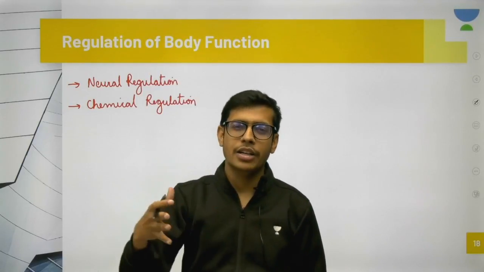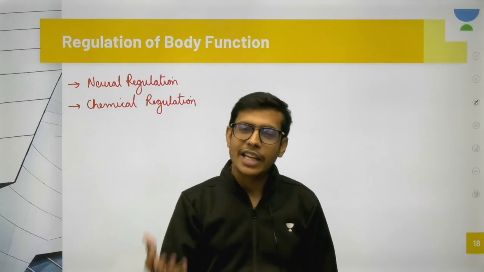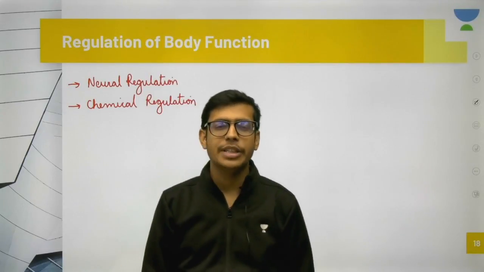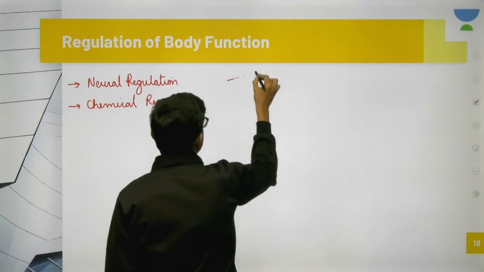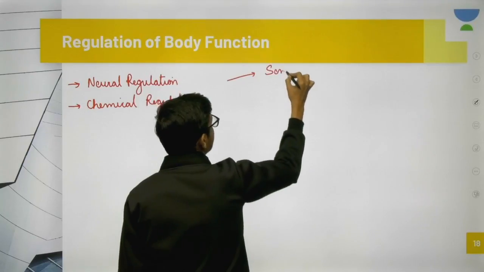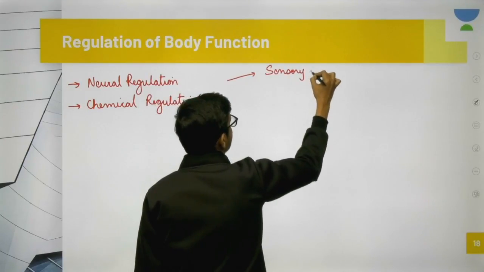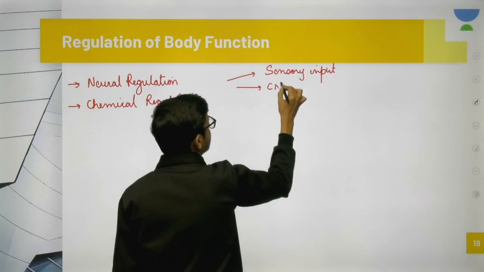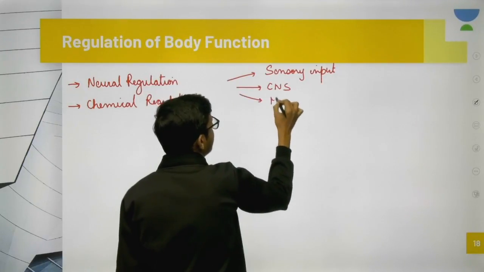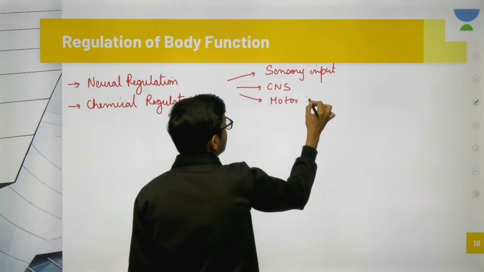Any mechanism, CNS, PNS and ANS, everything. So what would be the point? It will basically have three components. One is sensory input, then my CNS, and then my motor output.